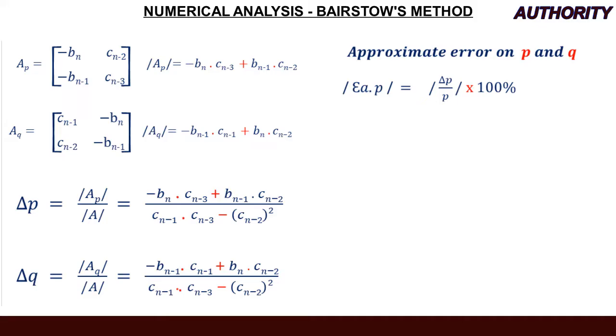And the approximate error on Q is the absolute value of delta Q all over Q multiplied by 100%. This is what we call the approximate error. When this approximate error is very small, almost nothing, that is when we stop the iteration.